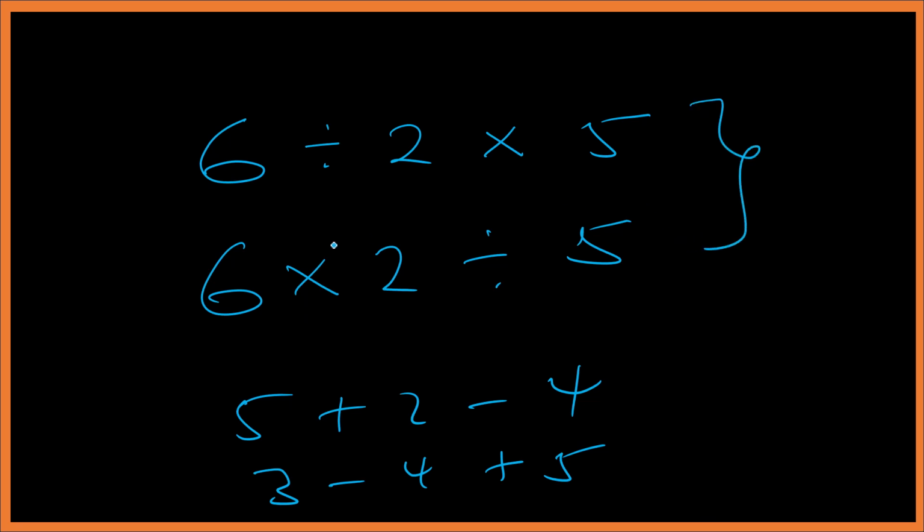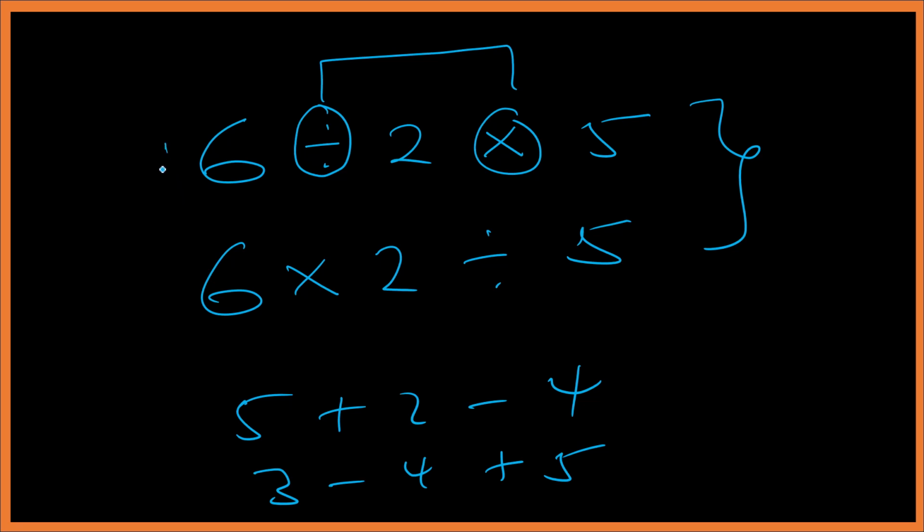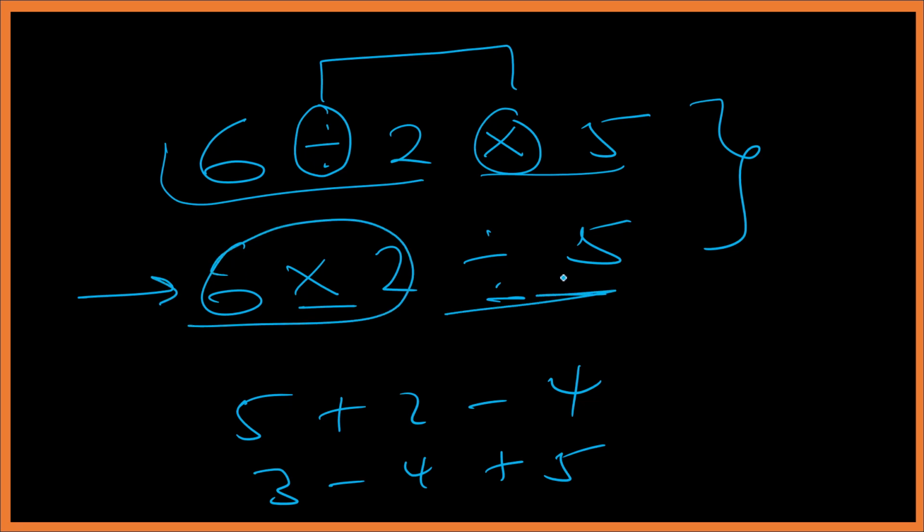We have division here, we have multiplication, so we call this one same precedence. Now if it happens this way, multiplication and division, we start from the left of the expression. So with this, I'll divide before I multiply by the final one. And this one, multiplication and division, I will start from the left hand side. I will multiply, and after that I will divide.